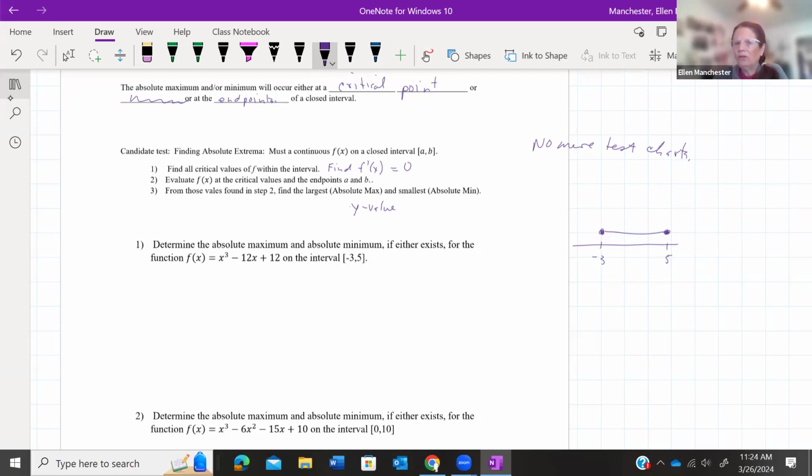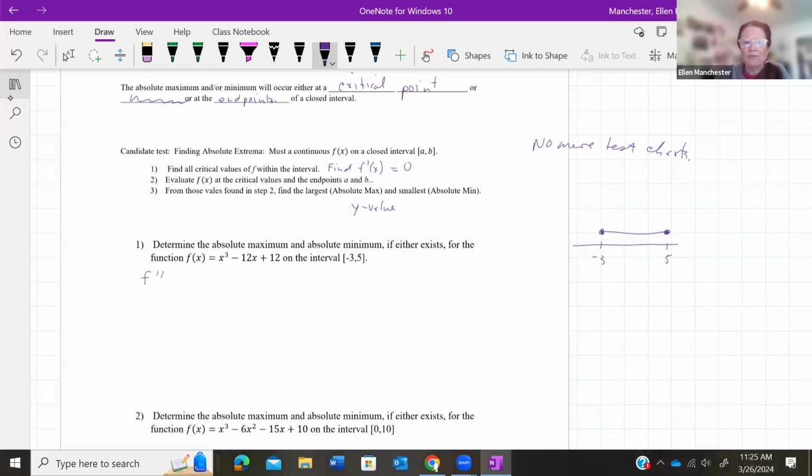These are the only values we can look at, and that's going to be key. So our critical points have to fit within this interval, otherwise we're using values that we don't need, because this is the domain. These are the only values that x can be.